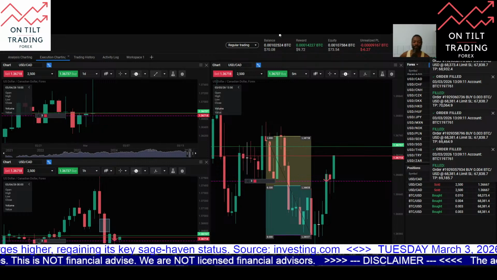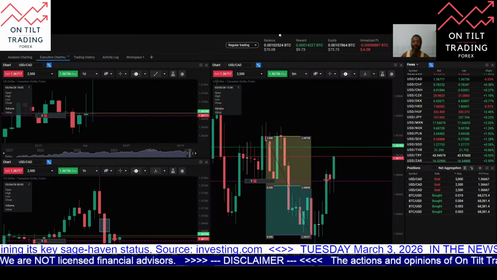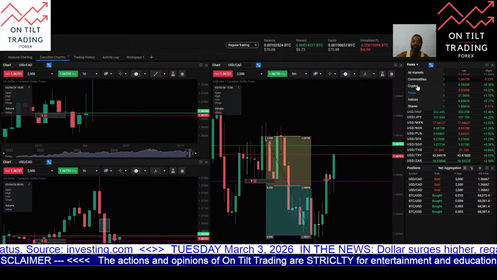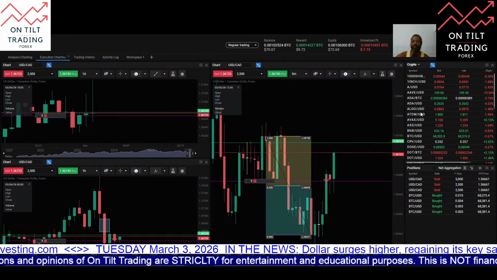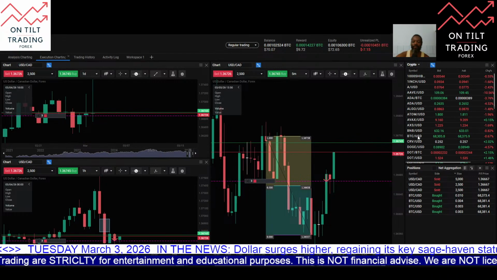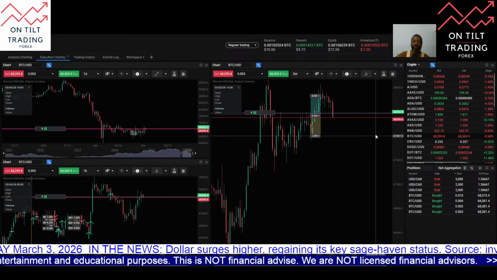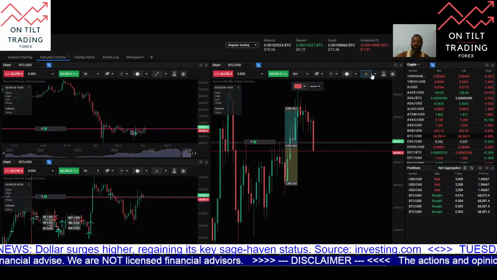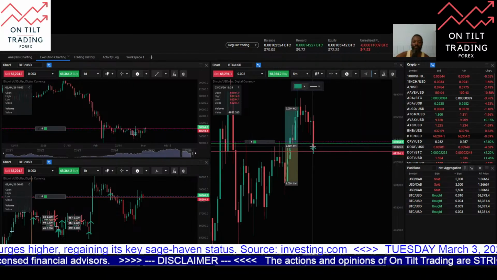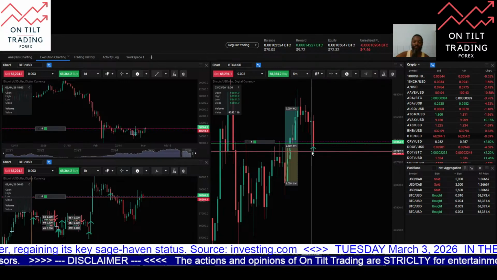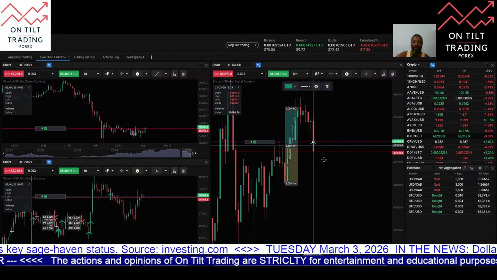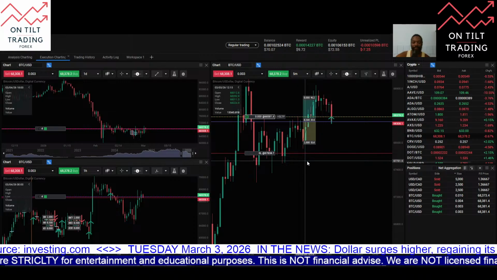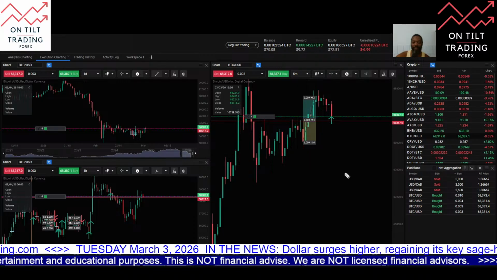And Bitcoin just got filled. I'm not happy with this stop loss here because there's what appears to be some trend line liquidity here.